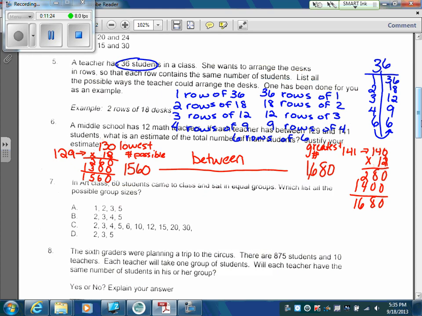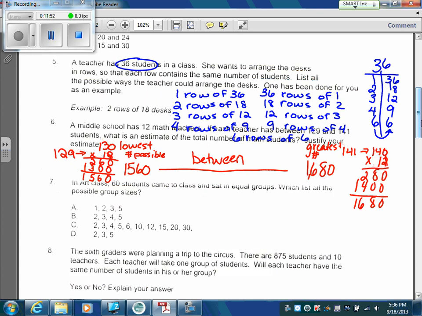If it's lower than that, it wouldn't be reasonable because they have at least 129 students apiece. If you go lower than that, you're saying somebody has lower than 129. Same thing on the opposite end. If you go higher, you're saying somebody has more than 141 students, and that's not what our question said. So if you chose a number anywhere between, that's a perfect answer.